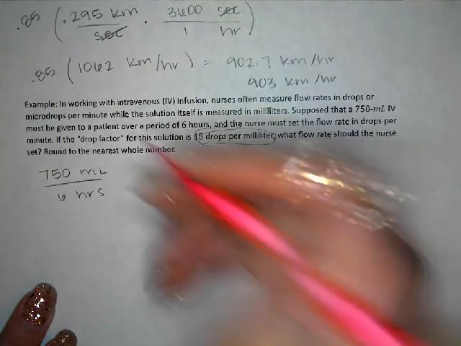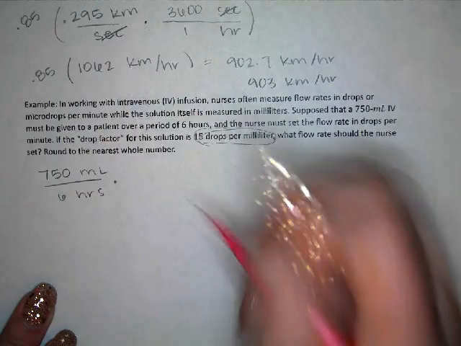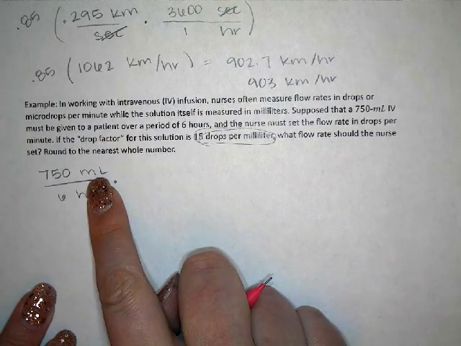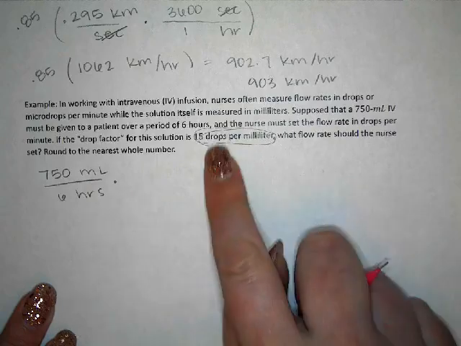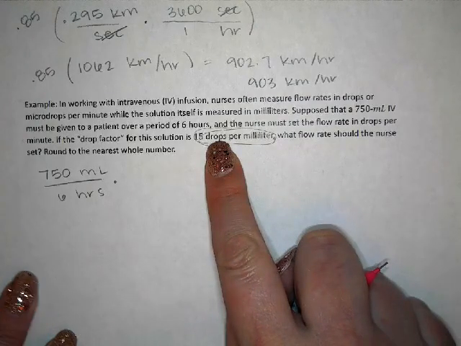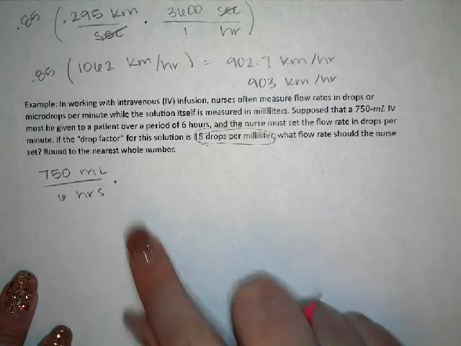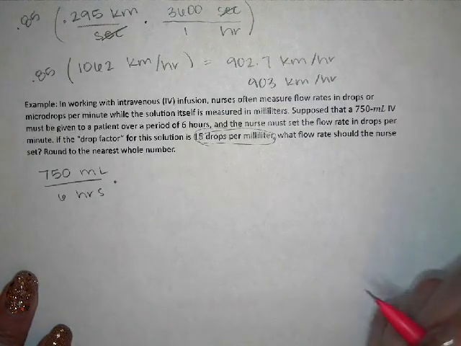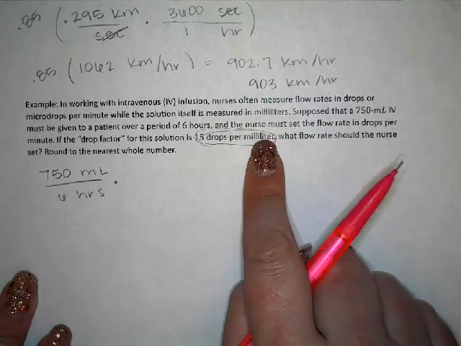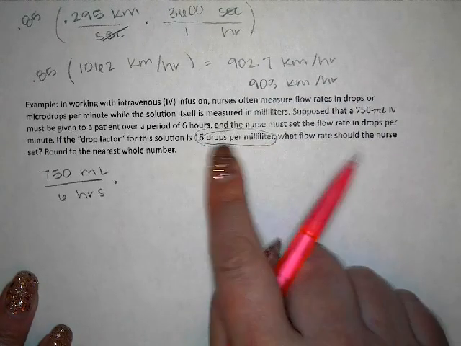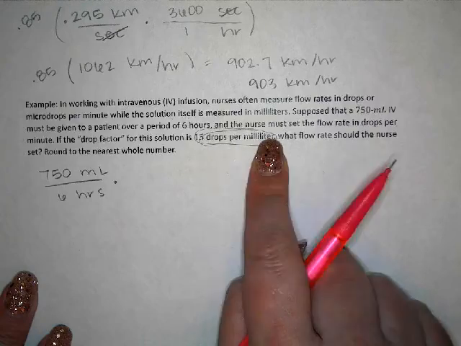I need to introduce drops. I need to get rid of hours. And I need to introduce minutes. So 15 drops per milliliter is the conversion that is not on my table because it's just specific to this problem. So 15 drops equals 1 milliliter.